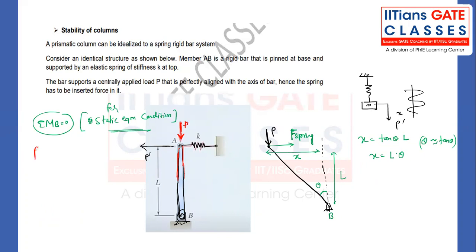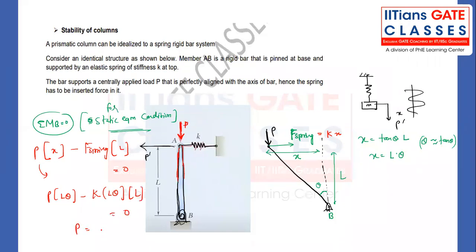So the moment is P into X in this direction, and the spring force into L, and that has to be 0. X is L into theta. The spring force is K into X, so K into X is K into L into theta, into L. That is equal to 0.